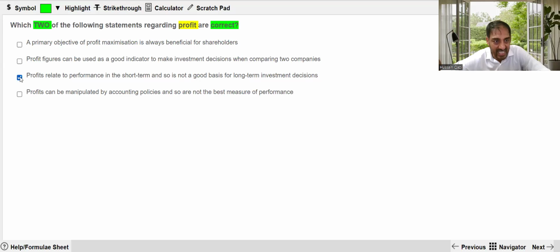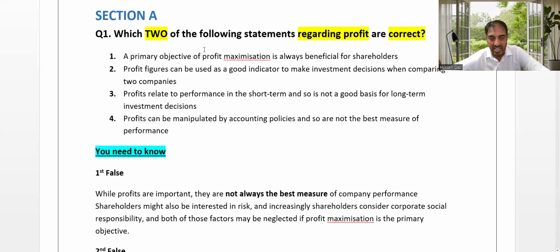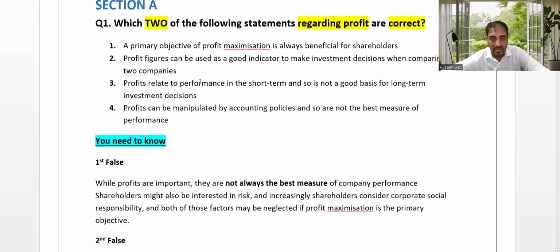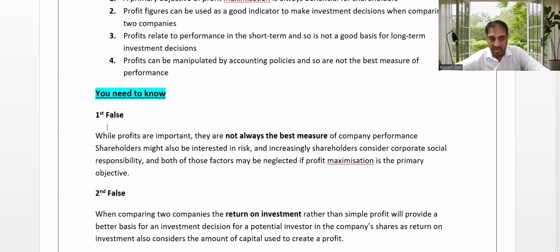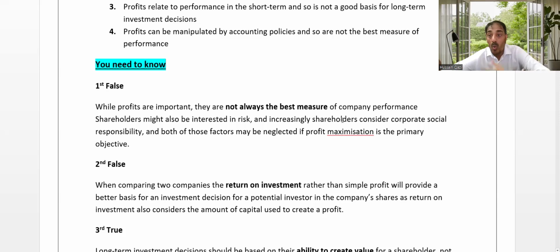So that means the answer, these 3 and 4 statements are correct statements. I will also provide this document which includes the description. If the first statement is false, whatever I have said to you, why it's false, you need to know.